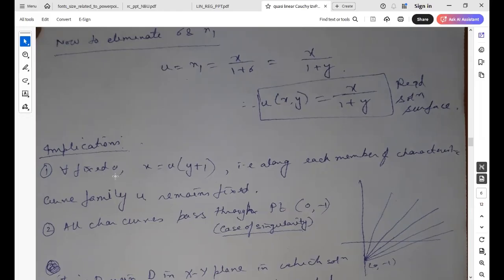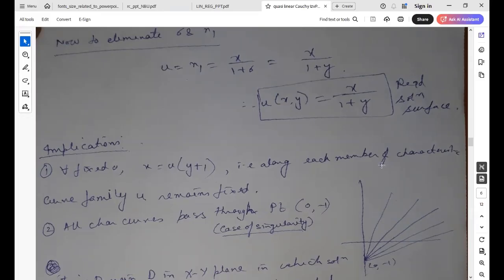For every fixed q, that means if I fix the solution surface value, what can you consider? The u is fixed at some numeric value. So x equals (y plus 1) into that numeric value.